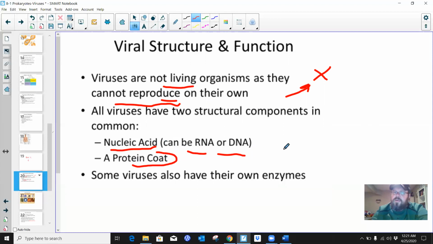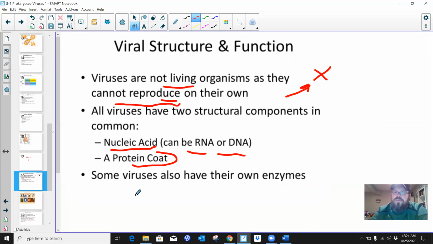So basically, I want you to think of them as DNA that is surrounded by a protein. And viruses really act as DNA or RNA injectors. Their job is to get their sequences of genetic information into other cells so those cells can do the reproducing for them.